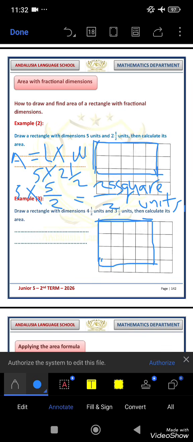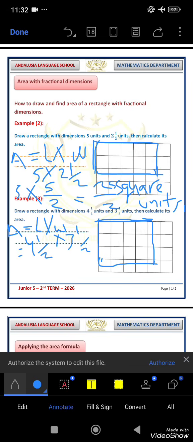Okay, let's find the area. First write the rule: length times width equals 4.5 times 3.5.